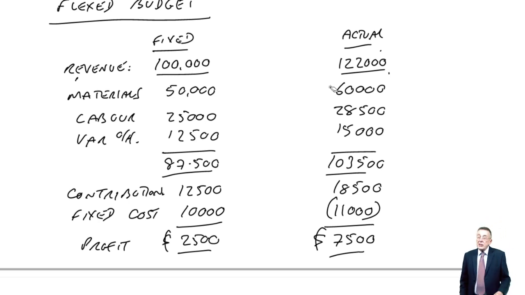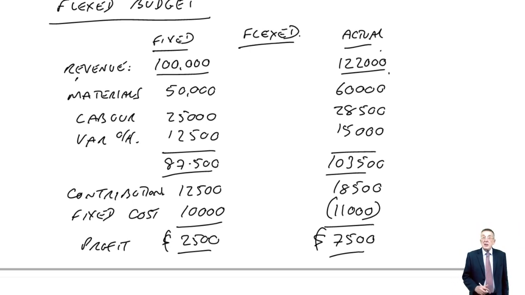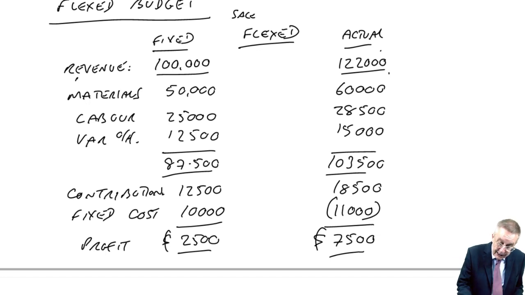And so to make it a sensible comparison, we flex the budget. And we rewrite the budget for the actual sales and production. Now, the actual sales production were 12,000.